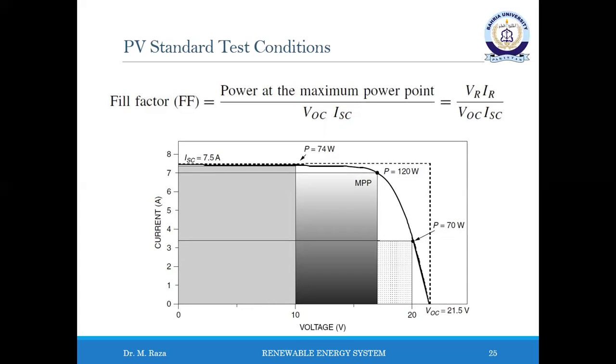Those test conditions include a solar irradiance of 1 kilowatt per square meter corresponding to an air mass ratio of 1.5. The standard cell temperature for testing purposes is 25 degrees Celsius. It is important to note that 25 degrees Celsius is the cell's temperature, not ambient temperature. Manufacturers always provide performance data under these operating conditions.